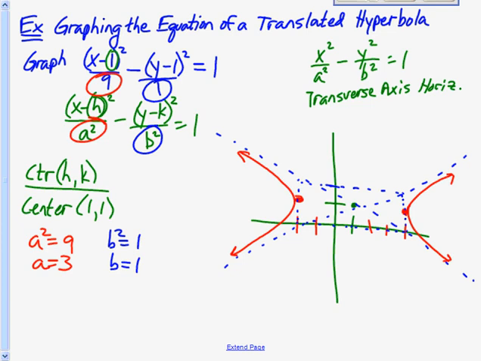So there it is, our hyperbola with a transverse axis that's horizontal. We've got the vertices shown there: one vertex over there at 4, 1, the other one at −2, 1, and the new center there at 1, 1. So that is graphing the equation for a translated hyperbola.